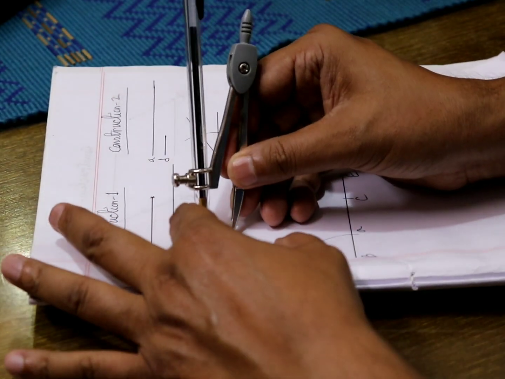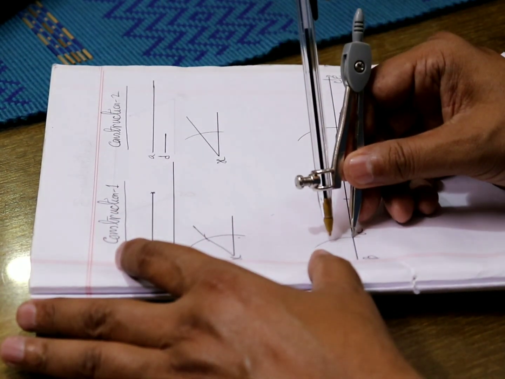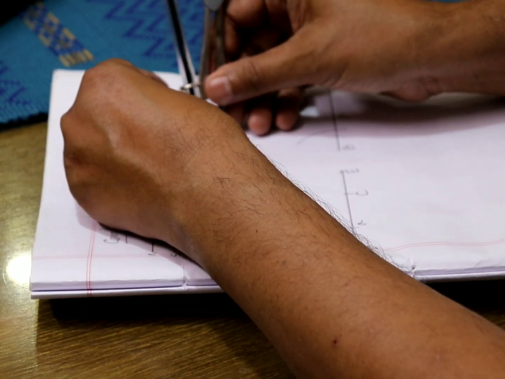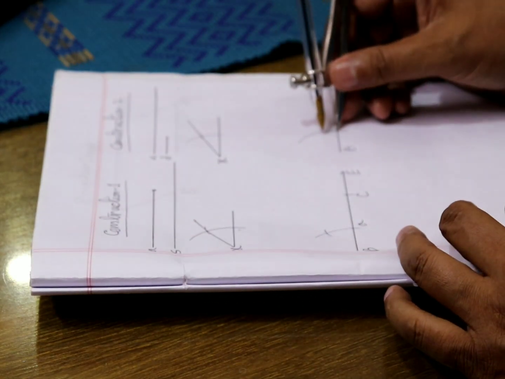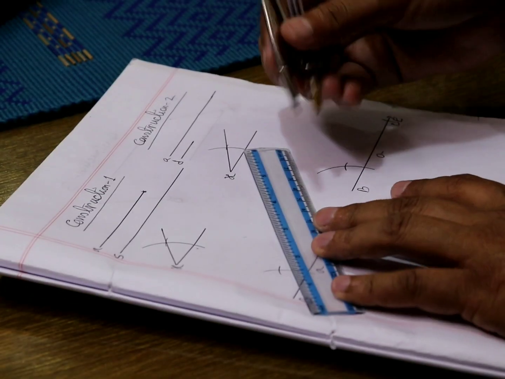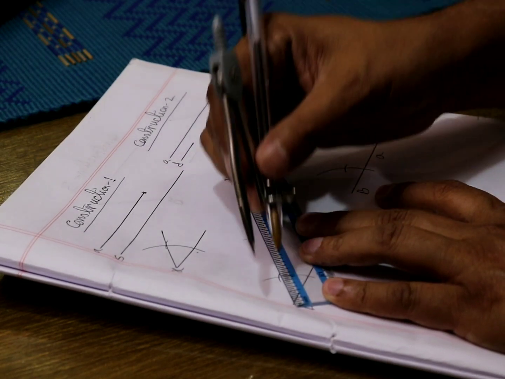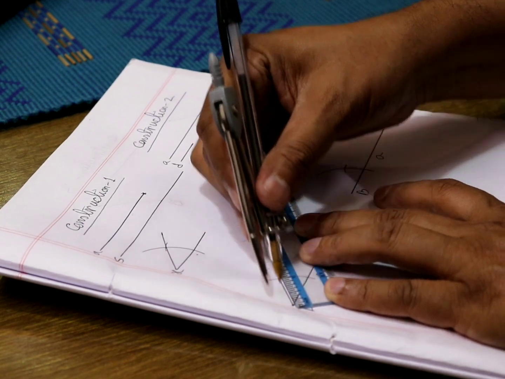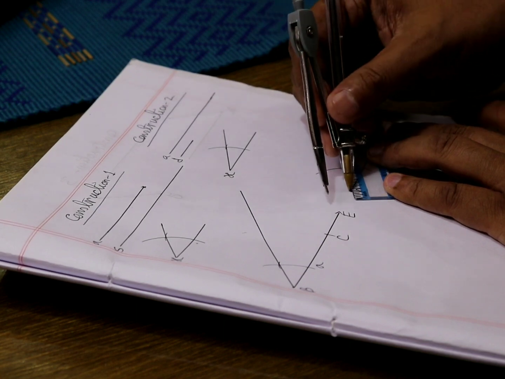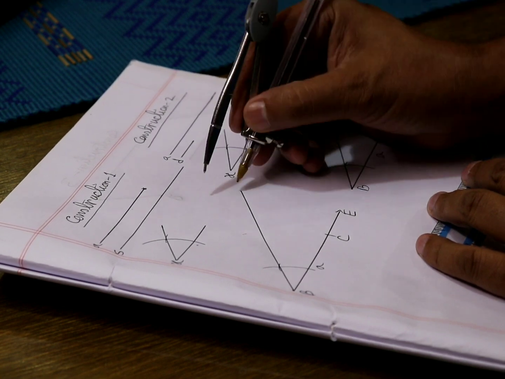Now taking this angle, we draw this angle equal to this angle. So angle EBF. This is F.